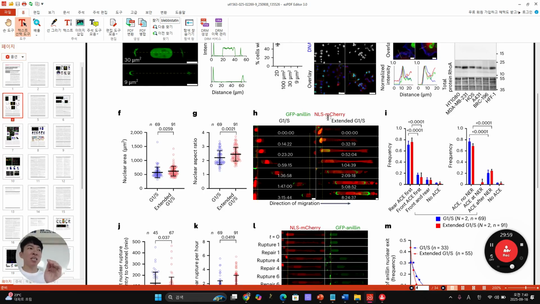And this detects how much of the protein that should originally be inside the nucleus can stay inside or outside the nucleus. We can easily say it marks nuclear protein overall. Okay, NLS mCherry, and GFP anillin is the anillin protein. Definitely GFP anillin also has NLS. That is why it is localized in the nucleus originally.